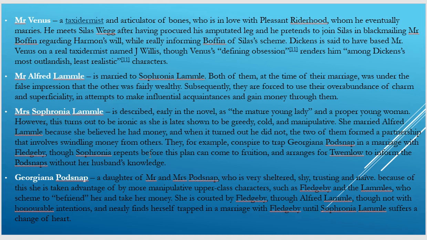They call all of them corrupted because of money. They think of money all the time, even in relationships. She is trapped in marriage with Fledgeby until Sophronia suffers a change of heart. So even she let her marry a normal man or just a poor man. But later, what happened to Sophronia Lammle? She got heart problems in her body.